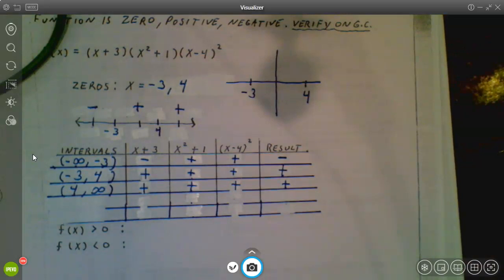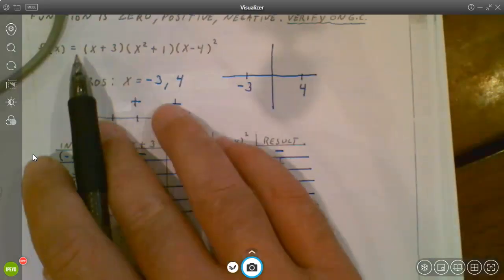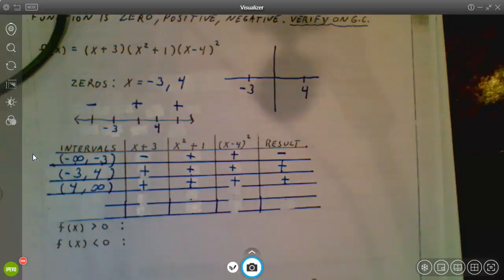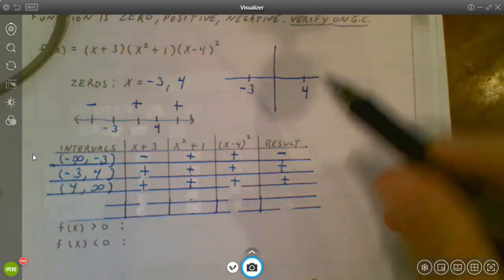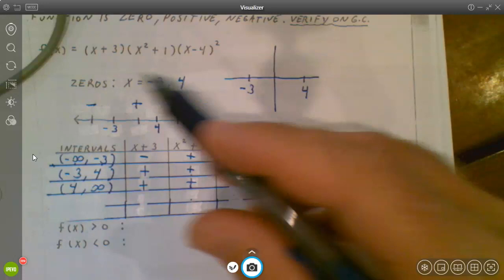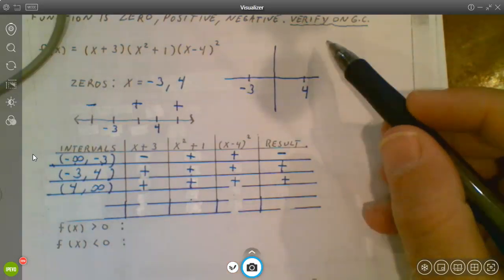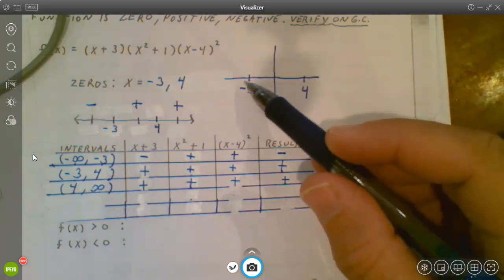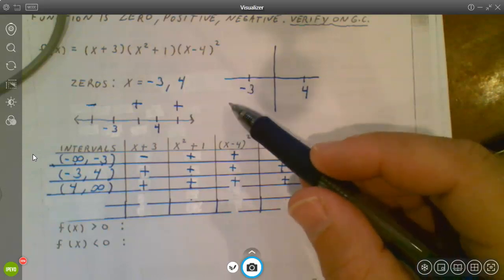If I combine all that, I'm looking at an x to the fifth graph. Because it is a positive x to the fifth graph, I know that my end behaviors should be opposite of each other. Since it's positive, this side is going up, which means this side must be downward.